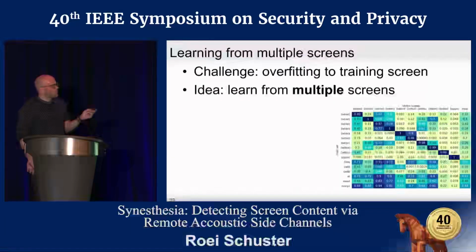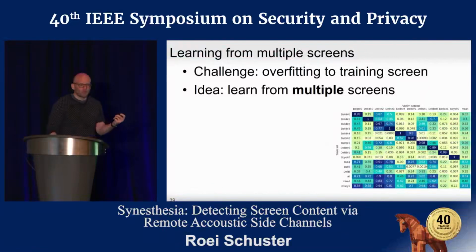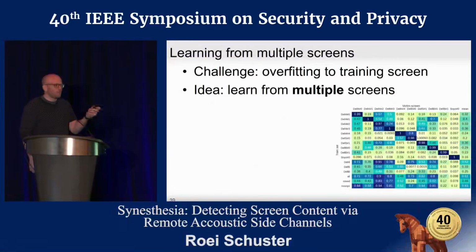But there is some degree of overfitting of our convolutional neural networks to a specific screen, because screens do have screen-specific traits in their audio signals. So to eliminate this overfitting, we evaluated the methodology of just training with more screens.